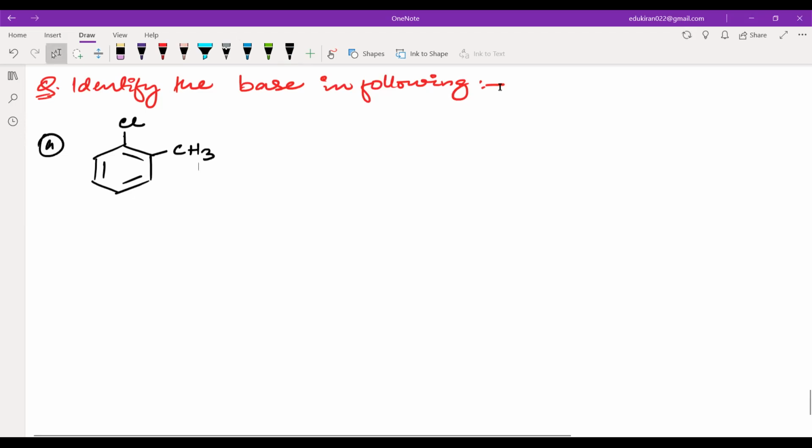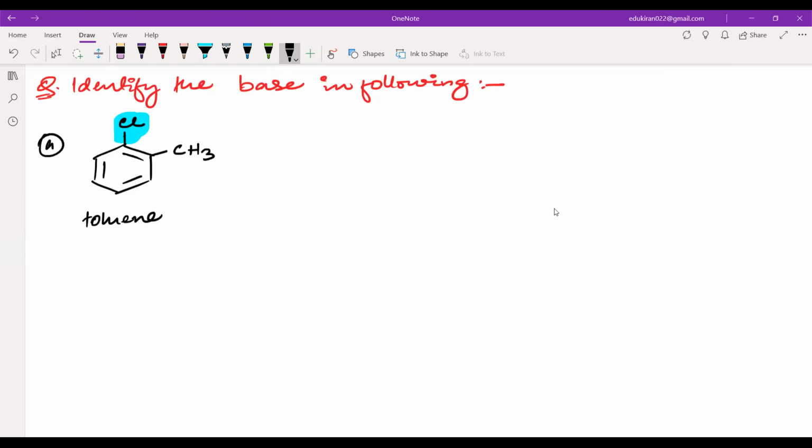Can anyone try and tell me what is the base that you can see? Is it any one of those common names that we have just mentioned? Can you see a fragment? If I remove this chlorine, it is going to be methyl benzene, yes or no? Yes. And that is why the base here will be toluene.